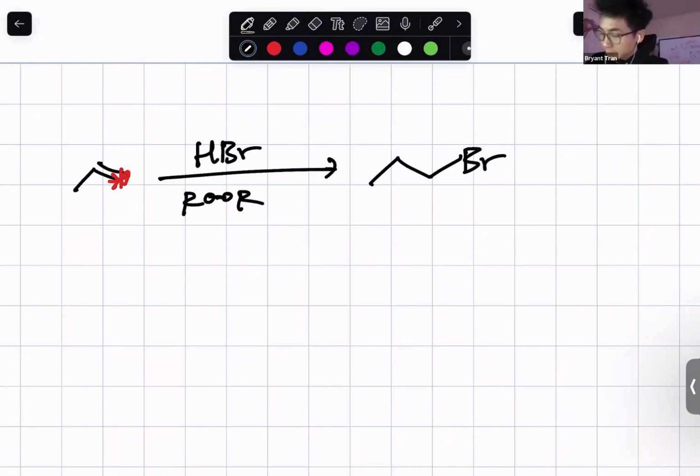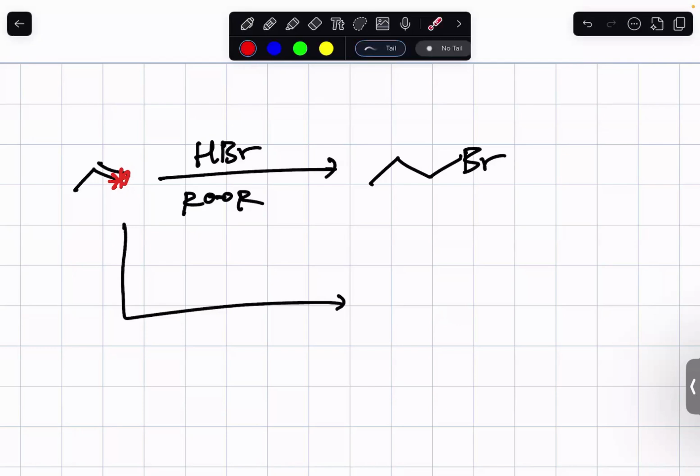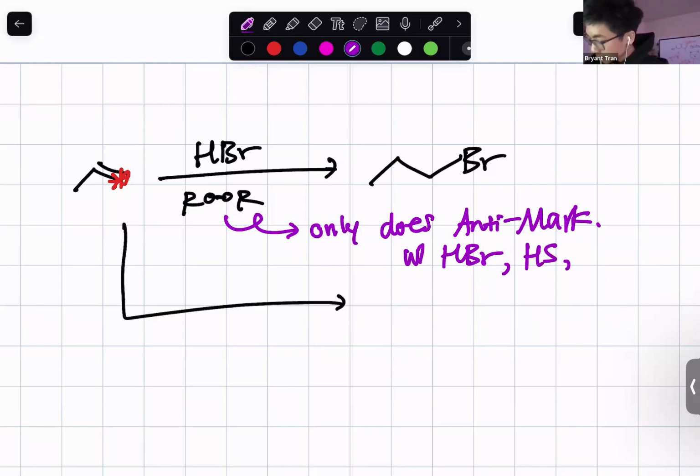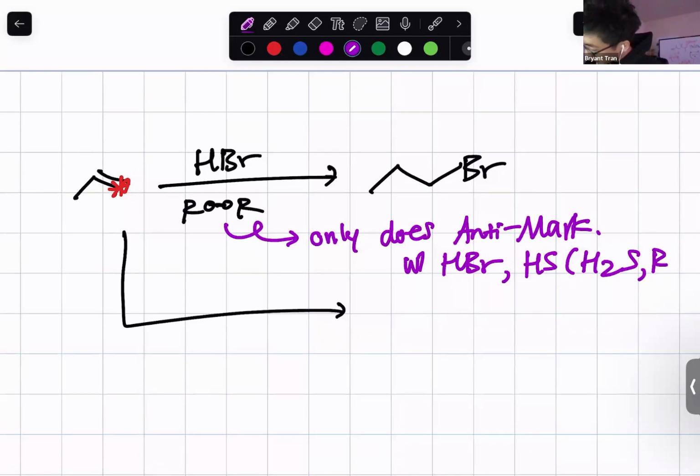Another thing to keep in mind about this reaction is that if you try to be tricky with it, ROOR only does anti-Markovnikov with HBr, not with HS, like RSH or H2S.